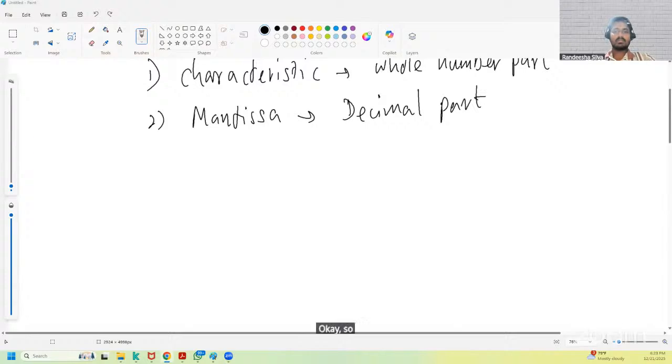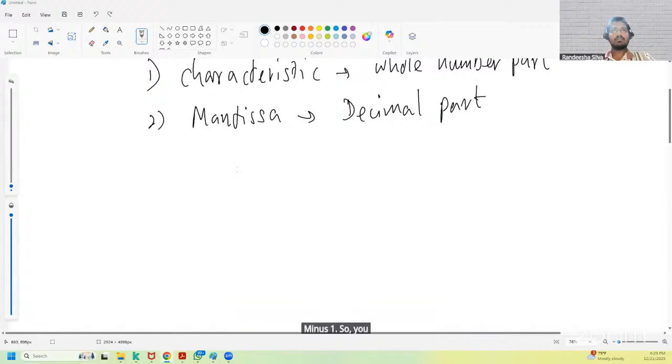Okay. So think about any number which is greater than 1. To find the characteristic, it means the number of digits in the integral part. If that is 3, then for numbers which are greater than 1, we can minus 1.